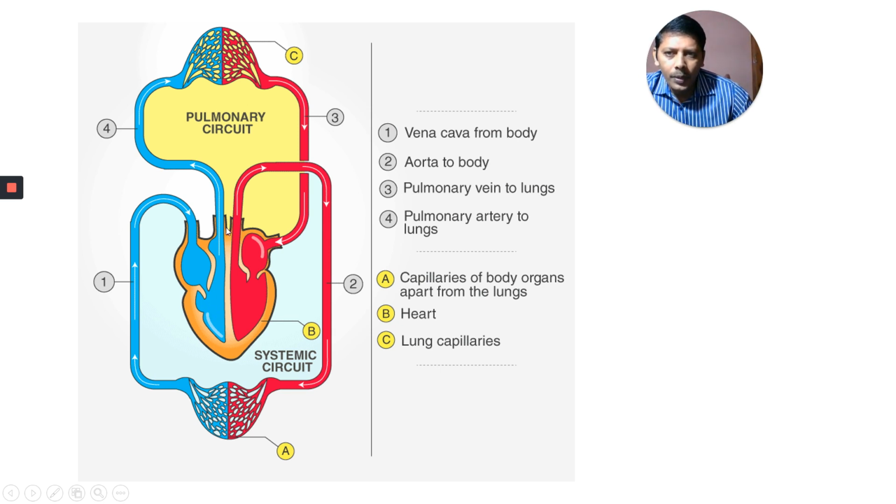From this right ventricle, the blood goes through the pulmonary artery to the lungs, and the left ventricle pumps blood into the aorta, and from the aorta it goes to the body parts.